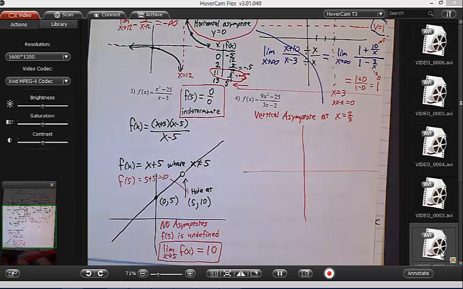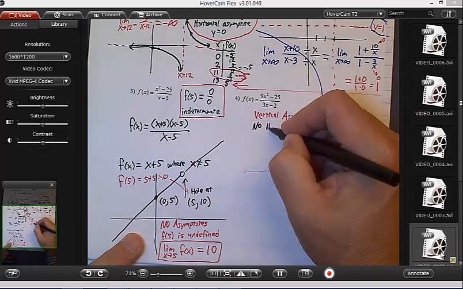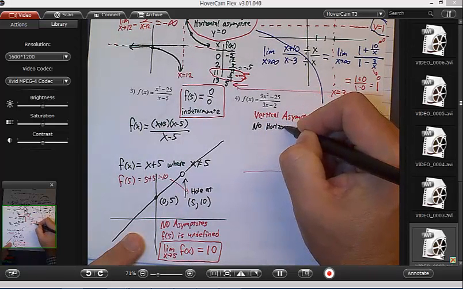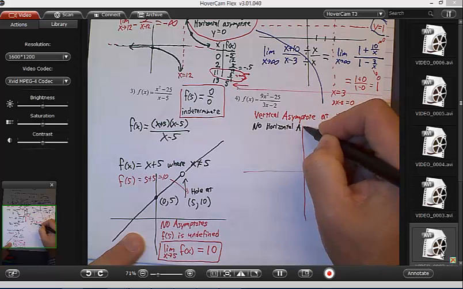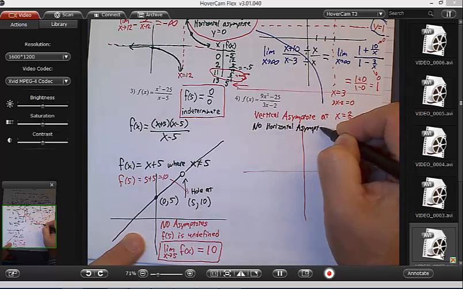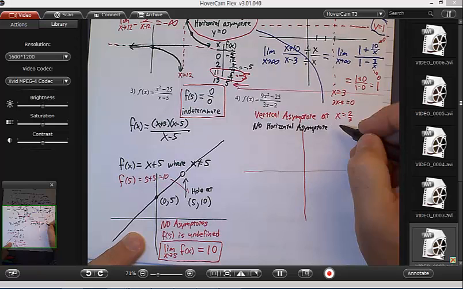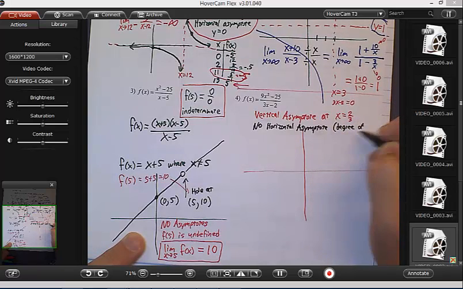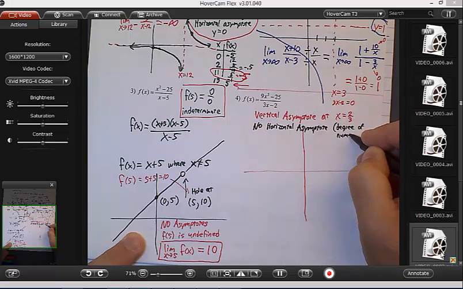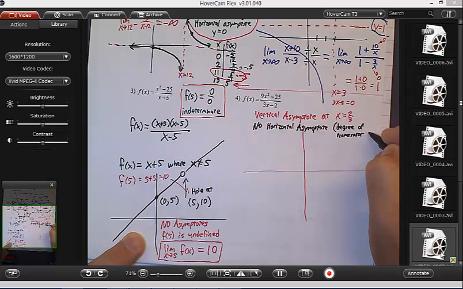Okay? And I'm going to say next, no horizontal asymptote. Why? Well, degree of numerator is larger.